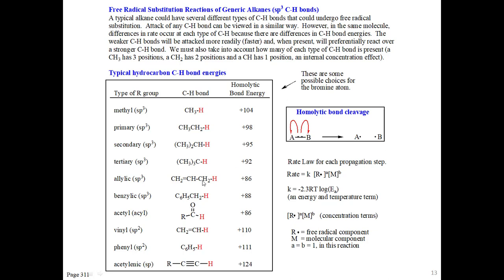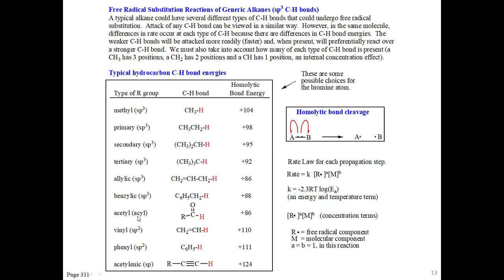And then if I look at allylic, I have resonance. So even though this is primary, which we would think up here is going to cost us 98, I have that adjacent pi bond helping stabilize it with resonance. So it's 86, a lot cheaper.